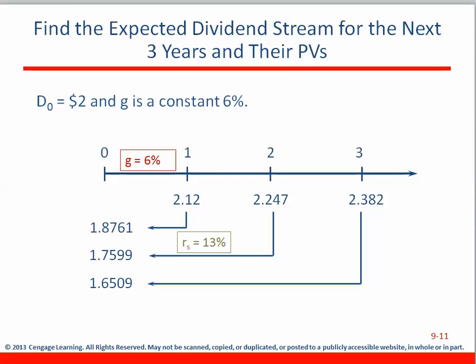So find the expected dividend stream for the next 3 years and their present values. D0 is 2 and it's growing at a constant rate of 6%. So 2 times 1.06 is 2.12. 2.12 times 1.06 is 2.247. Times 1.06 is 2.382, okay?